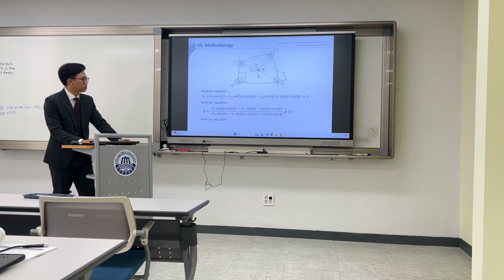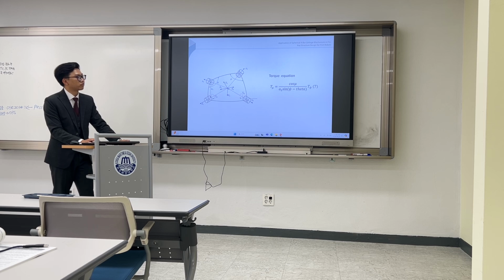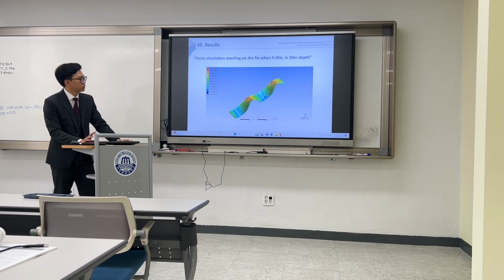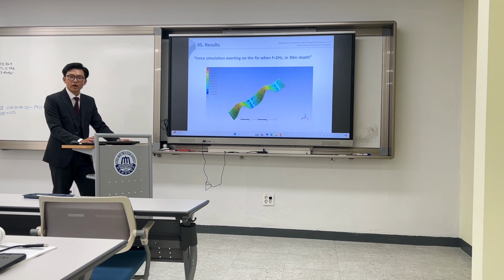So we calculate the position equation, and then we determine the velocity equation. Then after that, we analyze the torque equation, according to this T(u). This is when we put the mathematical field and the kinematic equation into the simulation.